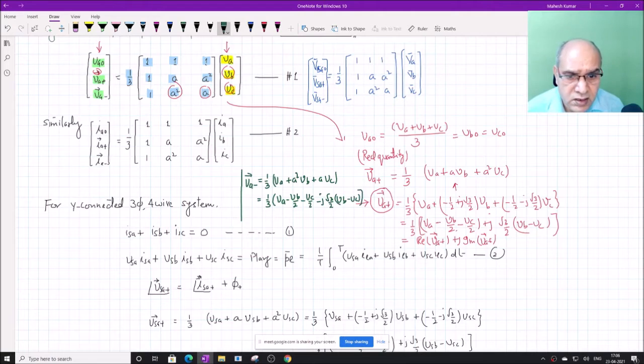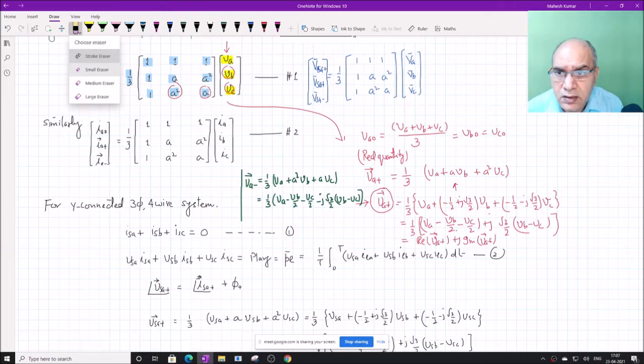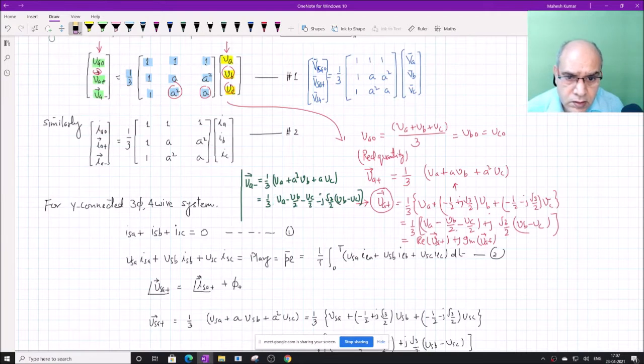Sorry, the bracket is a curly bracket, so I will use it as a curly bracket. You see one thing: this is the complex conjugate of this, because this is plus J here and this is minus J here. The other parts are the same.